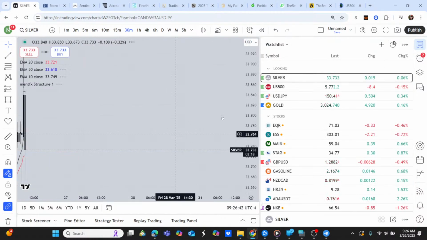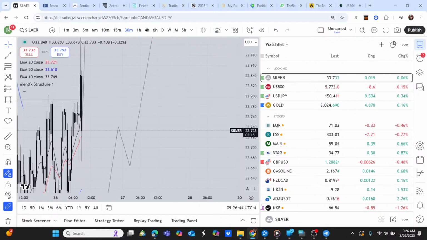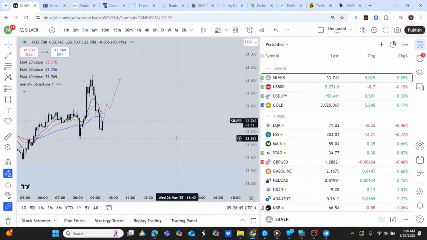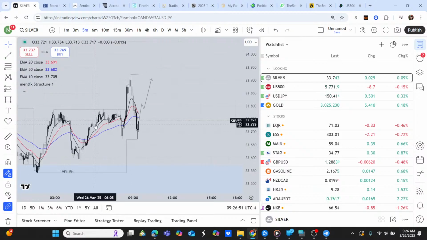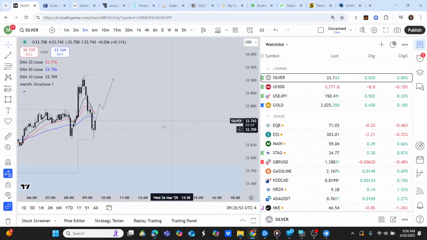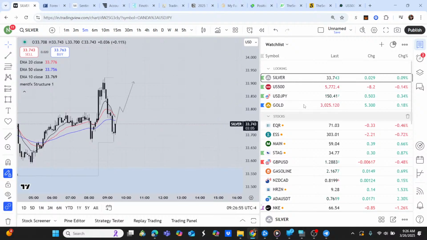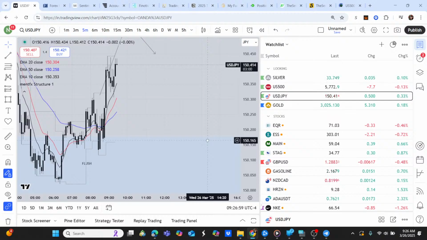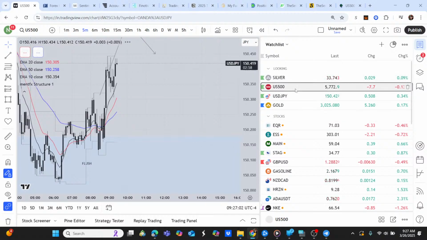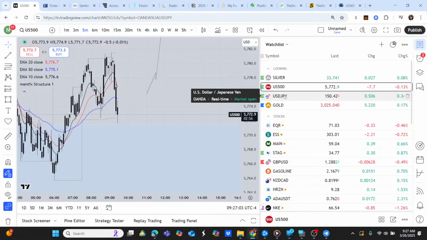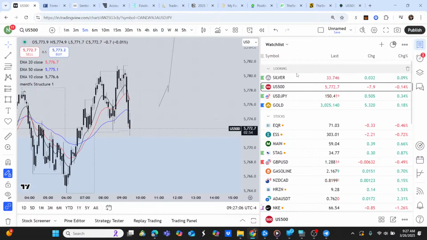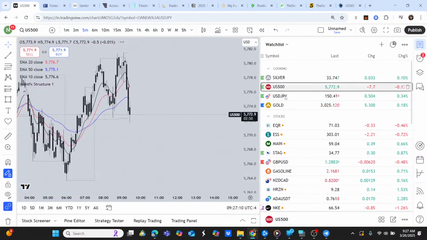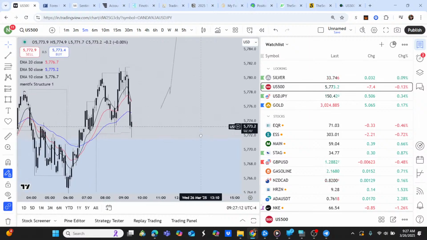Take a look back. Look at silver again. Okay, silver might do something. Gold, what's it doing? Okay, silver might just do something.